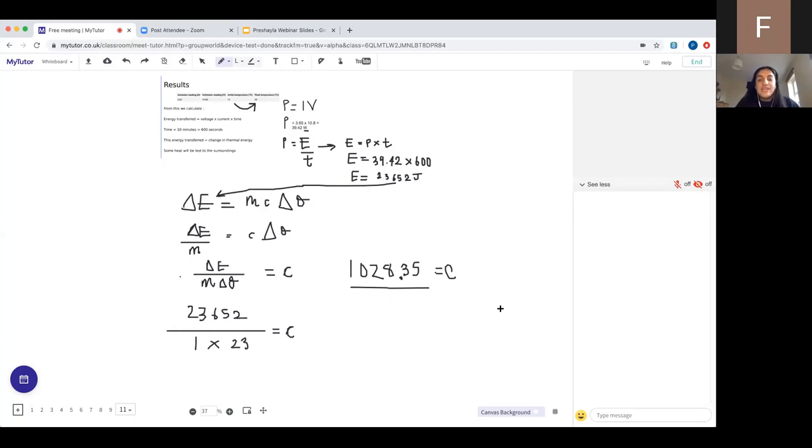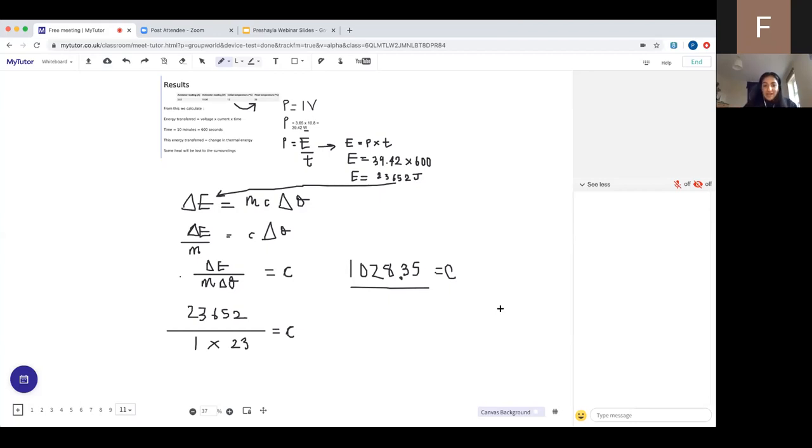Now, this experiment has some error attached to it. Okay, this experiment is not perfect by any means. Some heat will be lost to the surroundings. Okay, it's inevitable. No matter how much cotton wool we try to put on top of it, some heat is always going to be lost. That's just the way heat works.